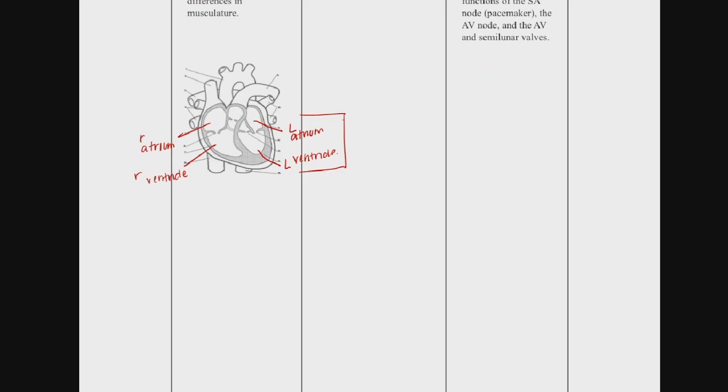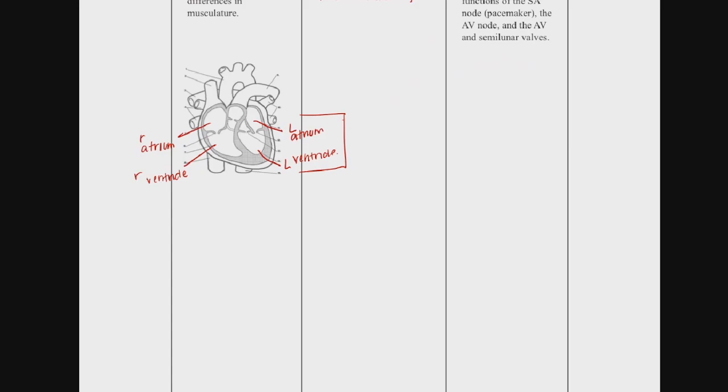So for the atrium, both right and left are thin. And what that means is that the blood flows through the atria into the ventricles.